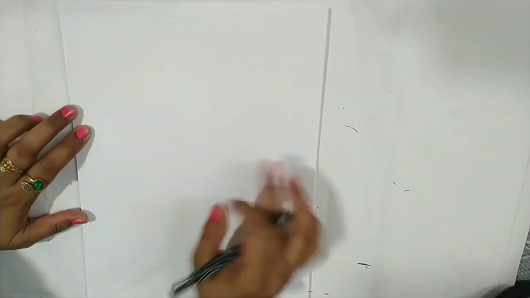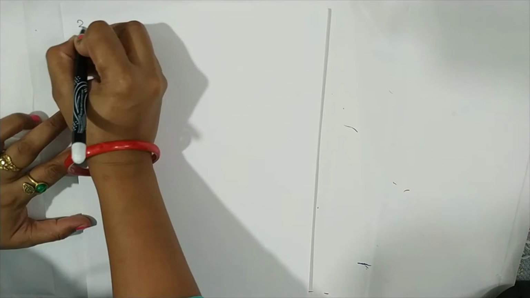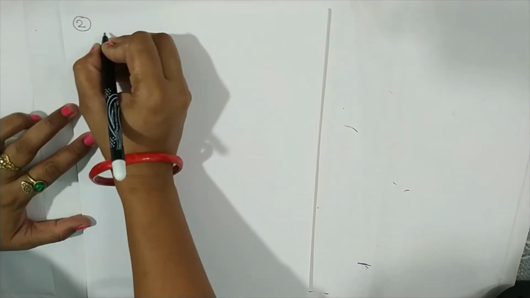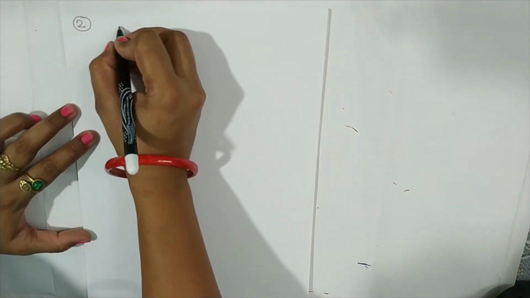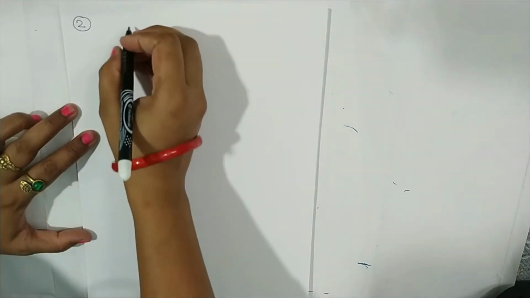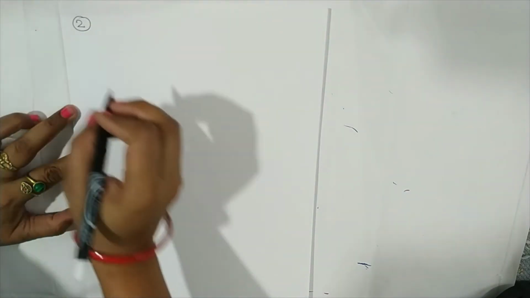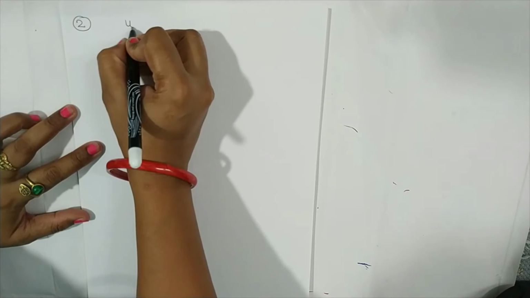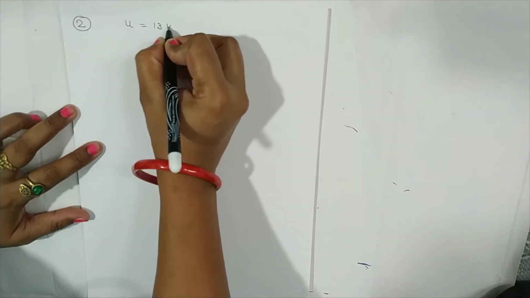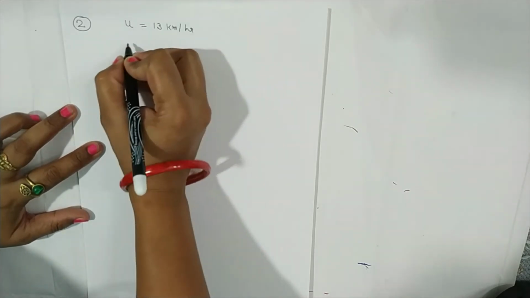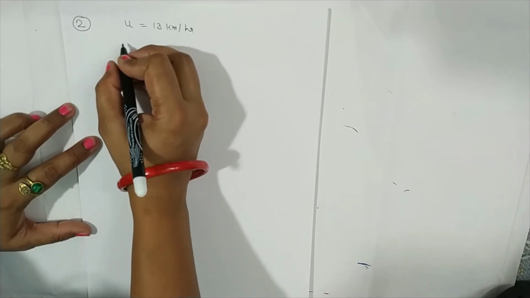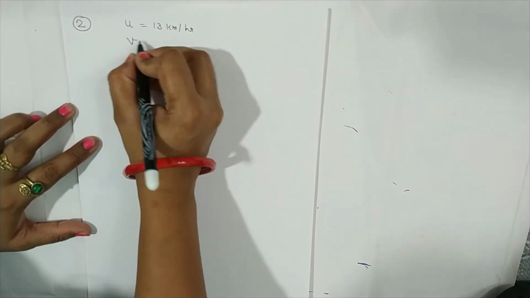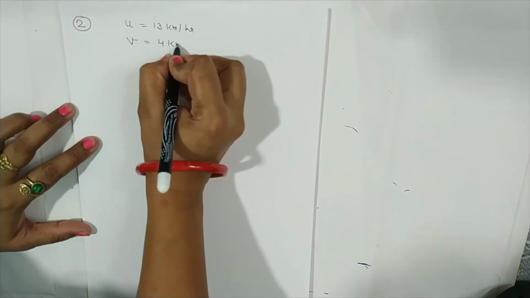Now move on to the second question. A boat can travel with a speed of 13 km per hour in still water. It means u is given as 13 km per hour. If the speed of the stream is 4 km per hour, so v is equal to 4 km per hour.